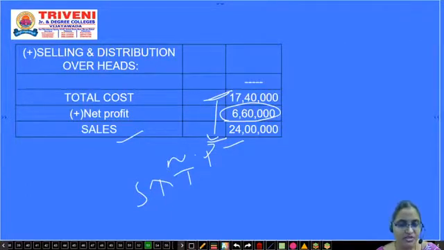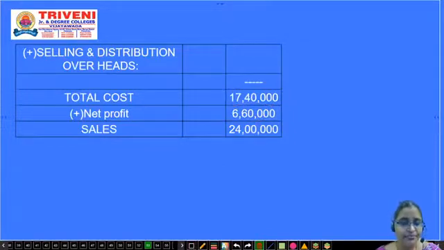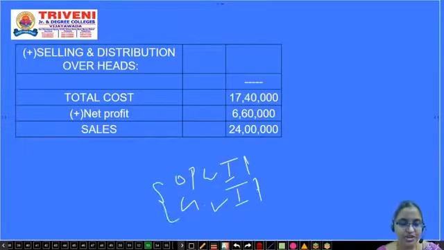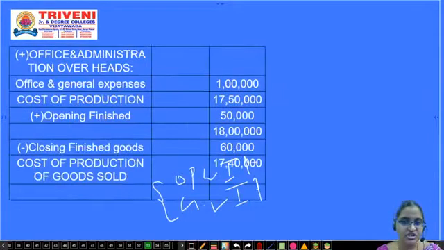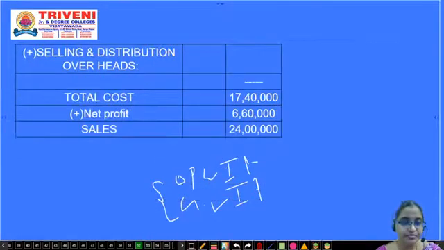Once you observe in this sum, they gave all the information, but the opening work in progress and closing work in progress were not given. So these 2 points were not given. So you put no amount, since it was not given, and you also consider that the amount was not recorded in the books.